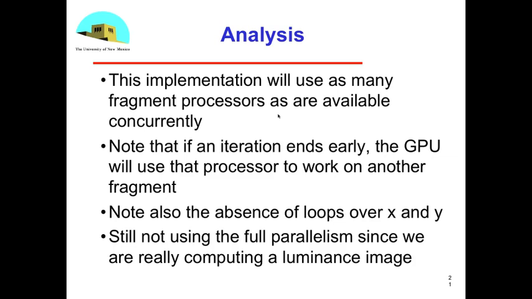Well, you've now colored that fragment, and now the GPU says, well, give me the next fragment. So this thing is working with a lot of concurrency of fragments going on independently of each other. And the more fragment processors that are present inside of your GPU, the faster this is going to work.